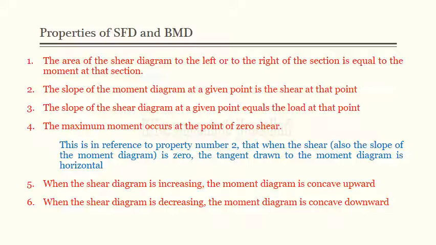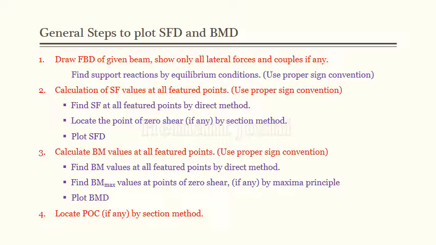That means we are going from bottom to top by derivatives, and when you come from the loading diagram to the bending moment diagram, you are going by integration. Similarly, the maximum moment occurs at a point of 0 shear, and when the shear force diagram is increasing, or when UDL or UVL is acting upward, the moment diagram is concave upward. This is the simple nature we discussed earlier.